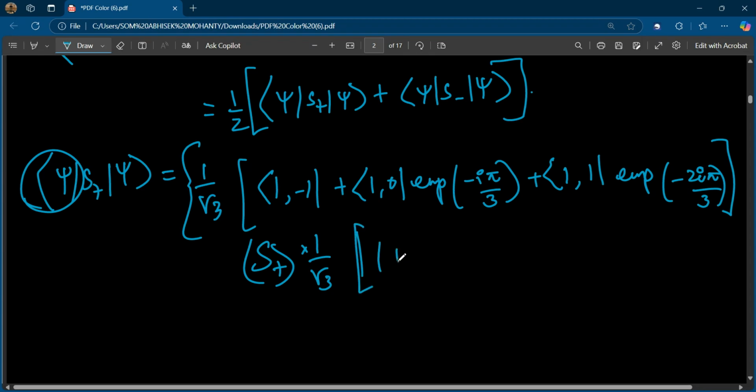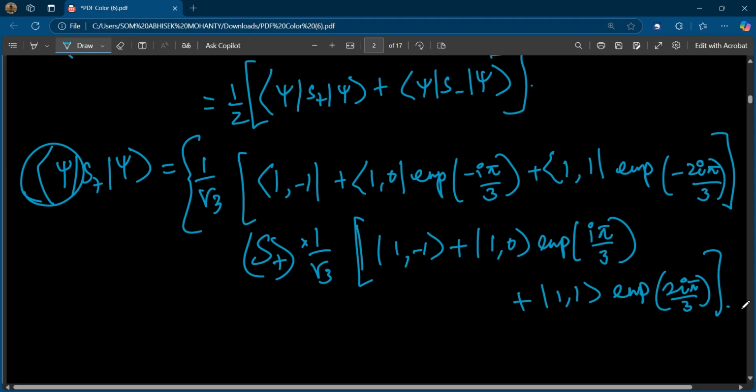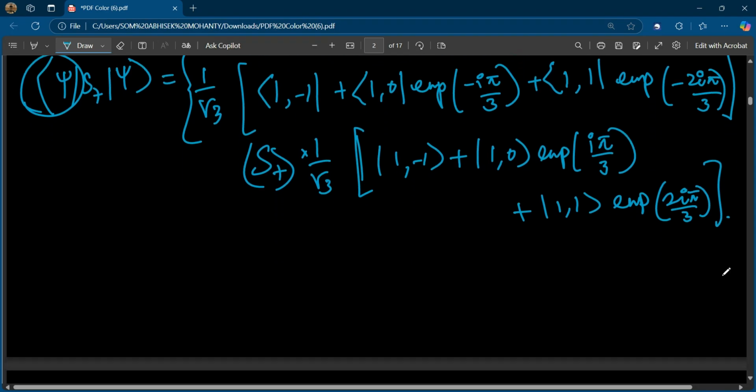So [|1,-1> + |1,0> exponential i pi by 3 + |1,1> exponential 2i pi by 3]. Yeah. All right. So now what?